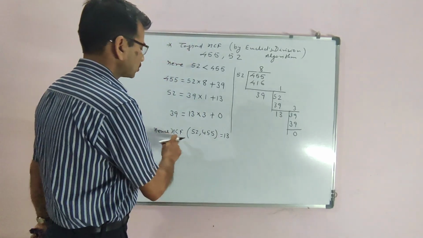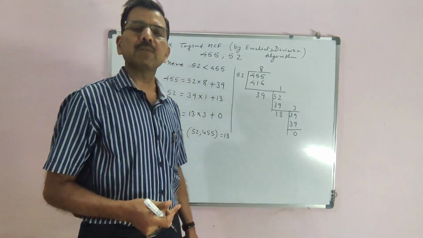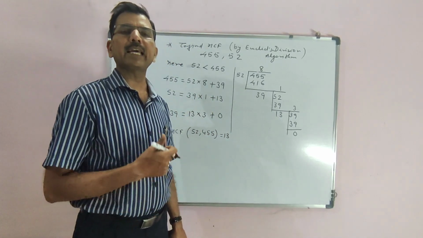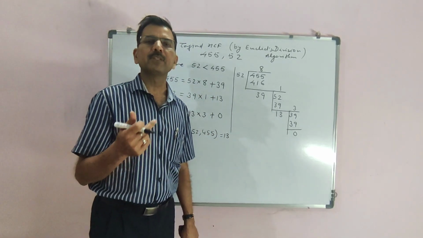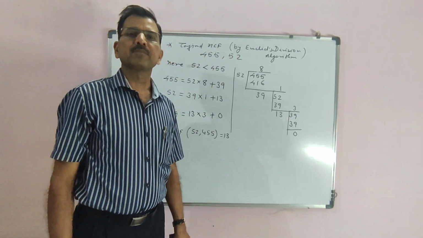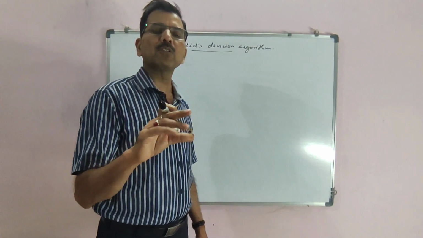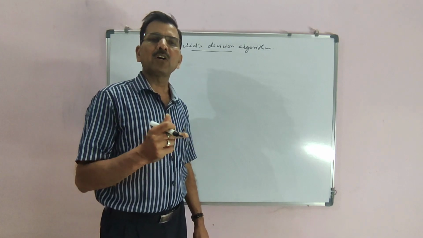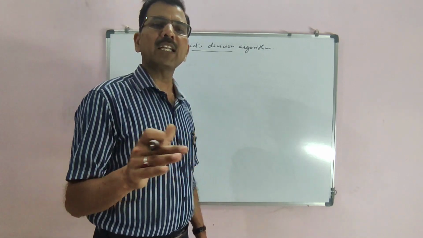Okay, very good. So now I hope with these two examples it is clear to you how we find the HCF by using the concept of Euclid division algorithm. Now some more questions are related.